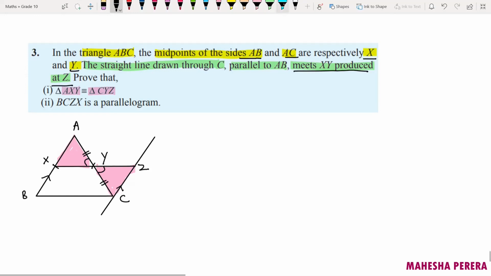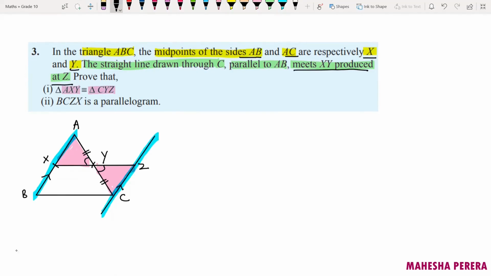When you consider these two lines, these are parallel lines. Since these two lines are parallel, you can say that this angle and this angle is equal, right? Because these are alternate angles. Now, what's the case here? Two pairs of angles and one pair of sides, right? That means AAS. These two triangles are congruent according to AAS.